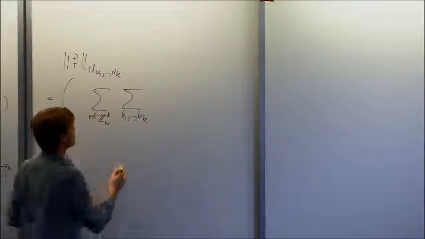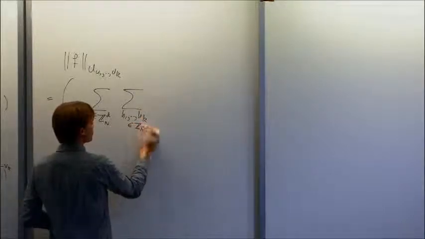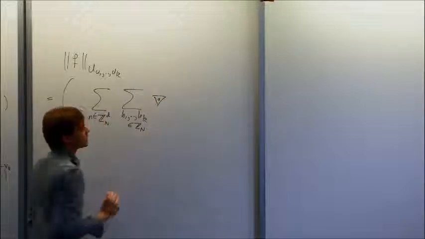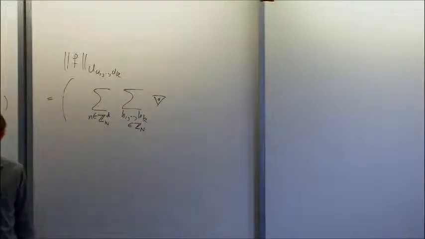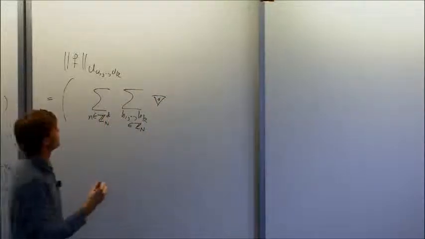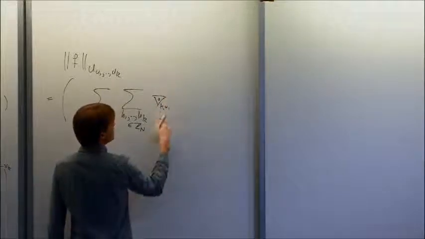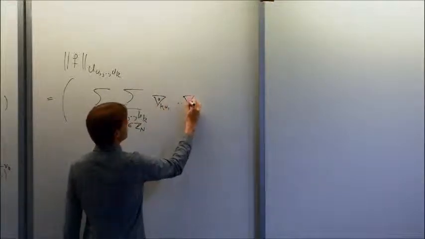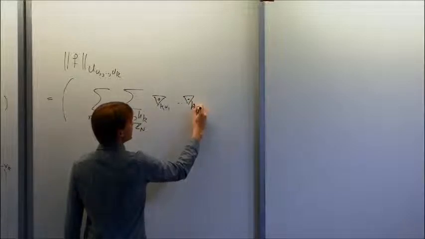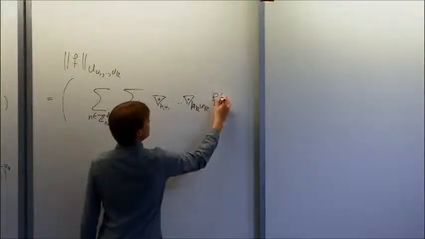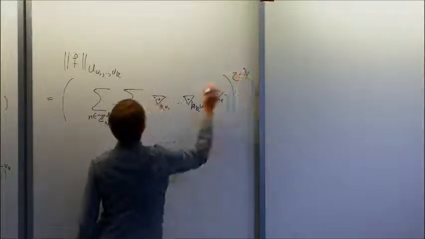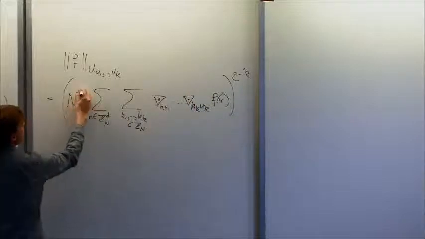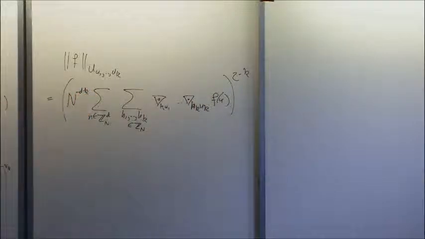But now these will only run over Z mod n. And that's because inside the expression that we average, we're only allowed to apply the differences in the directions given by the ui's, so along multiples of those ui's. And then again there's a 2 to the minus k outside. And I guess there's an n to the minus d minus k here. Okay, so this is the higher dimensional Gowers uniformity norm. This is the directional Gowers uniformity norm.